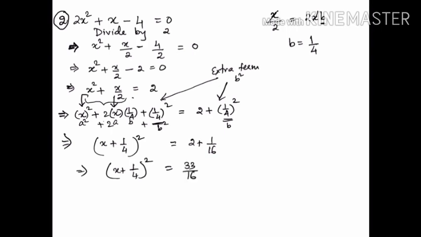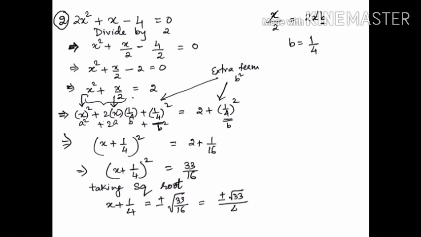Now what was the fourth step? To take the square root. So taking square root, x plus 1 upon 4 will be equal to root 33 upon 16 plus minus. This is equal to plus minus root 33 upon 4.